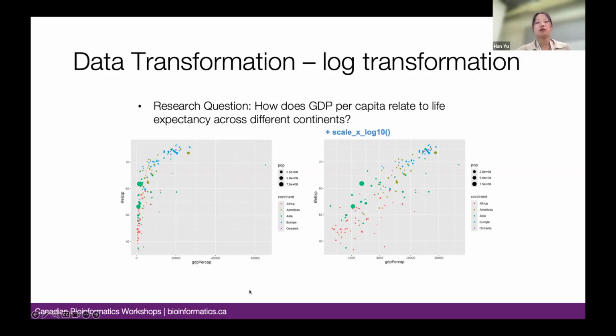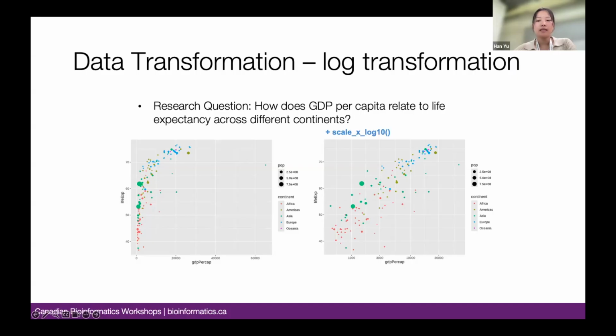So thus we perform the log transformation on the x-axis. So from the right side plot, after performing the log transformation, we can see that the relationship appears more linear, meaning that each incremental increase in GDP per capita has a more proportional effect on the life expectancy.